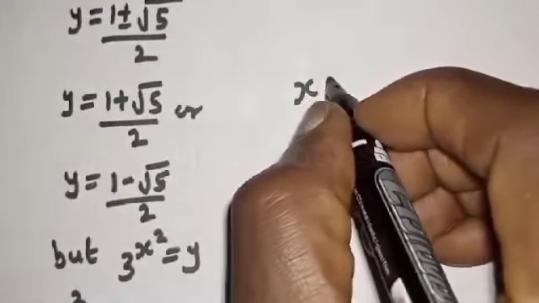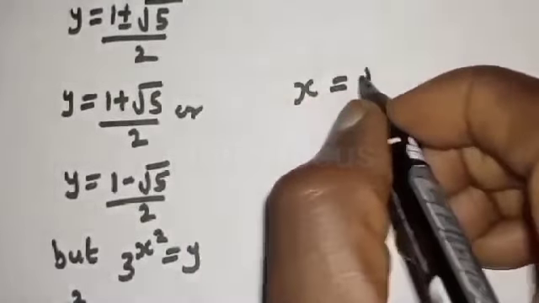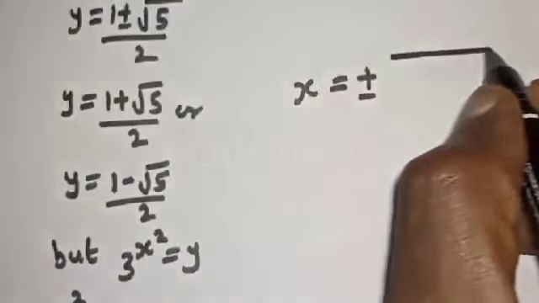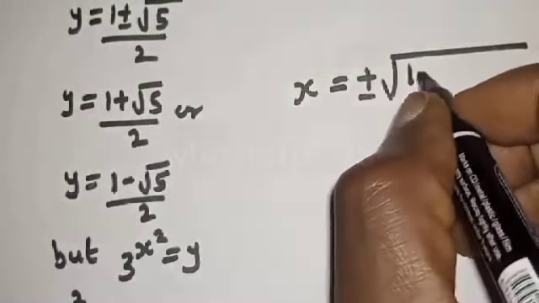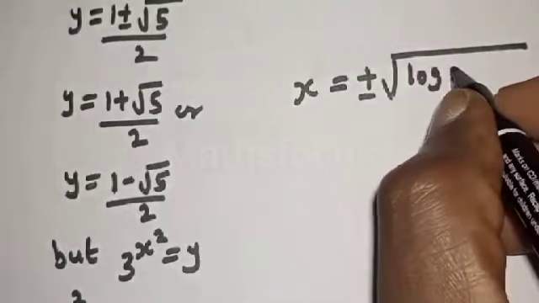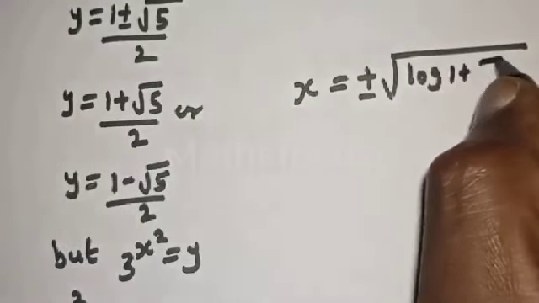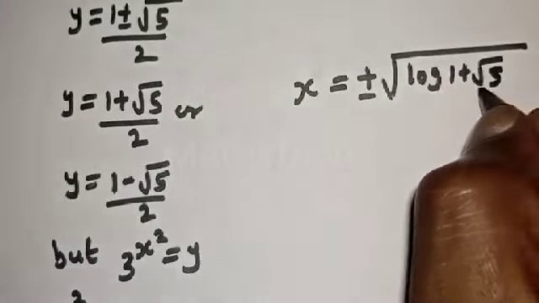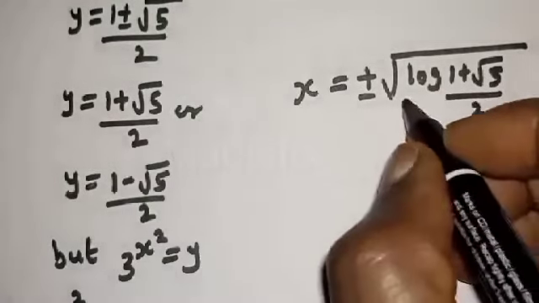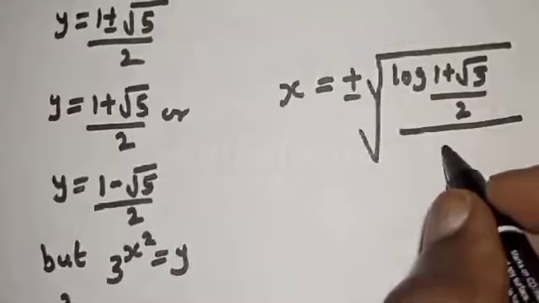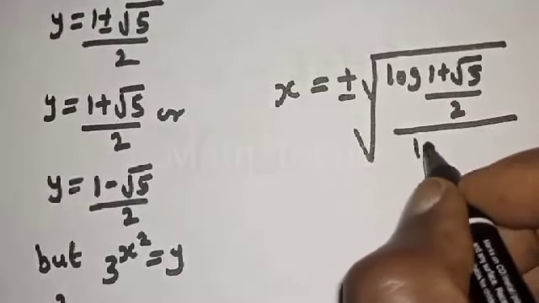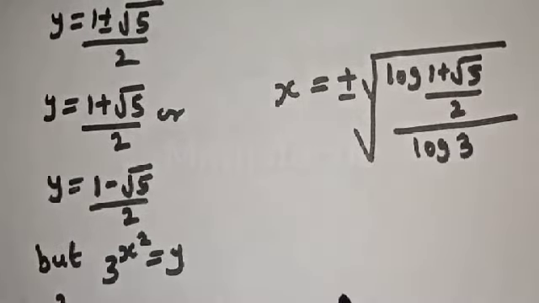x is equal to plus or minus square root of log of (1 plus root 5) over 2, all over log 3.